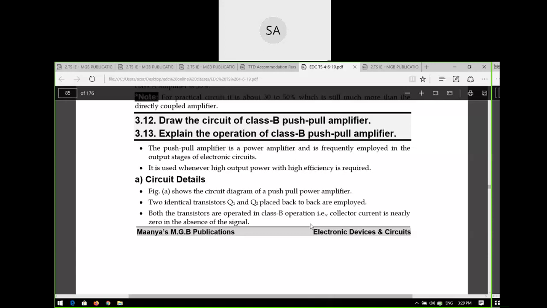In the class B amplifier there are two types: push pull power amplifier and complementary symmetry push pull power amplifier. First we have the class B push pull power amplifier. It is used at the output stages of electronic circuits whenever high output power and high efficiency are required.